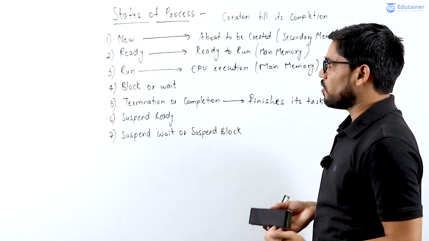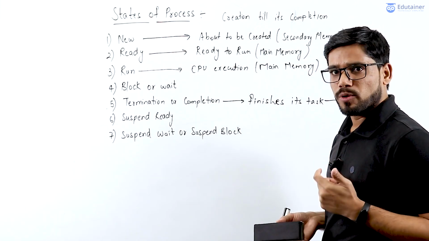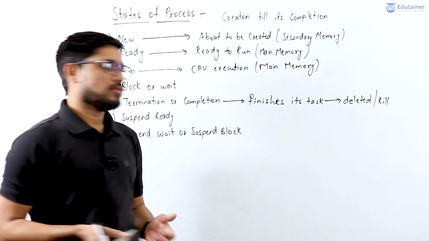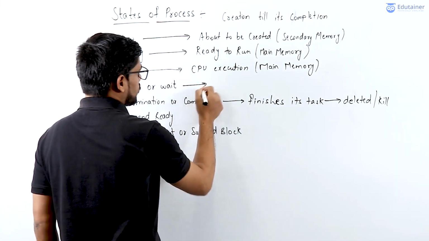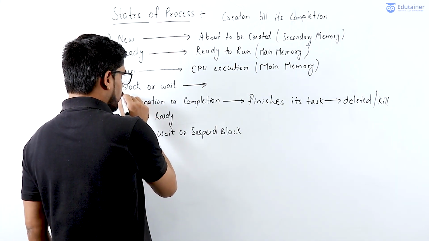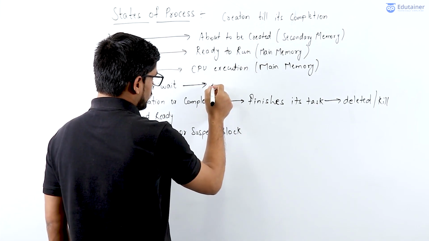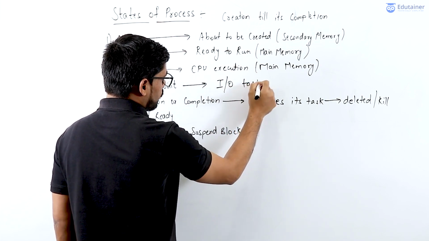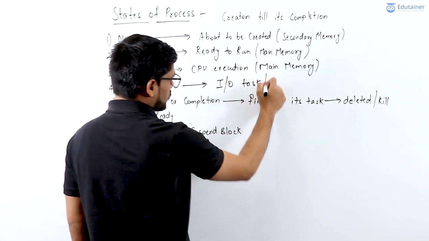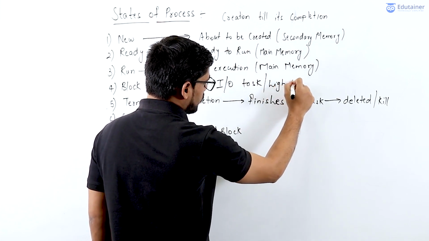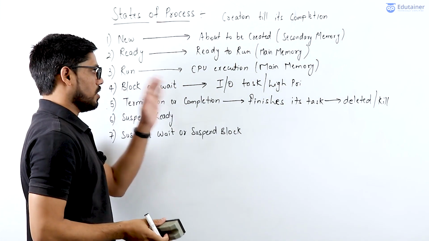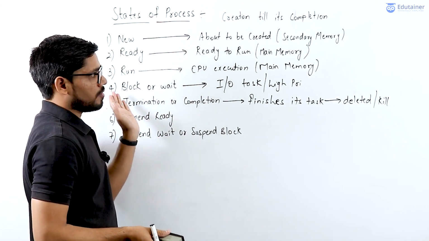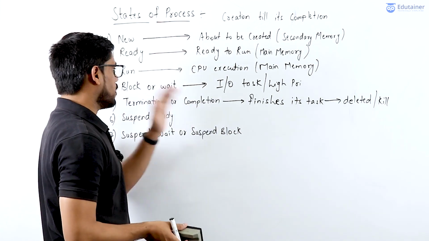But somehow, let's say a high priority process comes, or let's say a process needs input output time, then this process will be blocked by the CPU or operating system in the block or wait state. So generally here the input output task will be performed, or let's say another high priority process comes, then the running process will be forcefully made to wait in the wait queue.